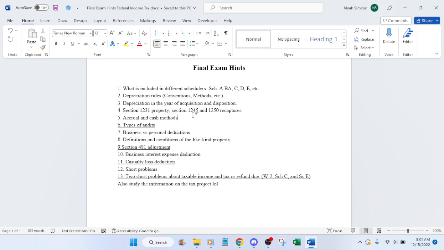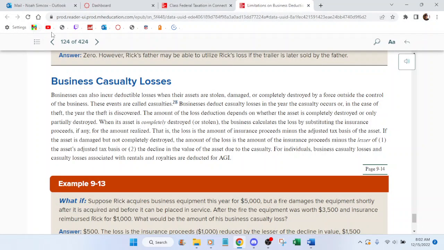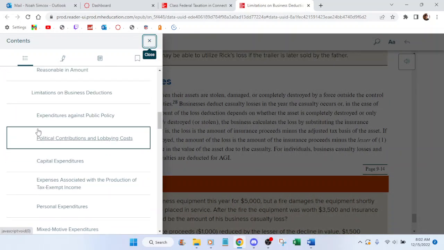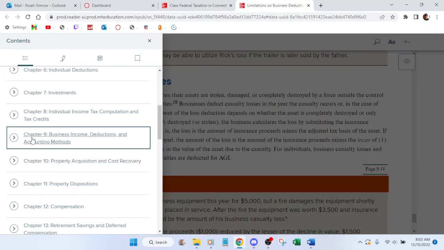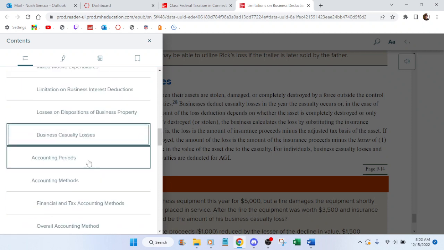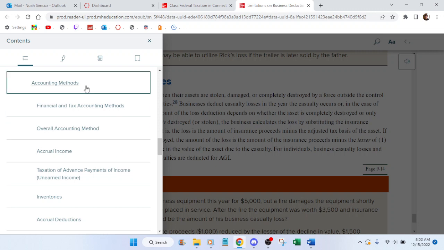Dang it, I don't want to read about accrual and cash methods. That's such a complicated thing. That is going to be the least fun thing to read about in this entire study session. It's going to be so annoying to read this.